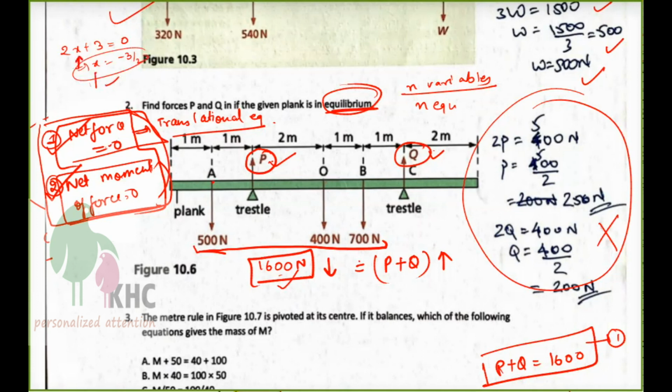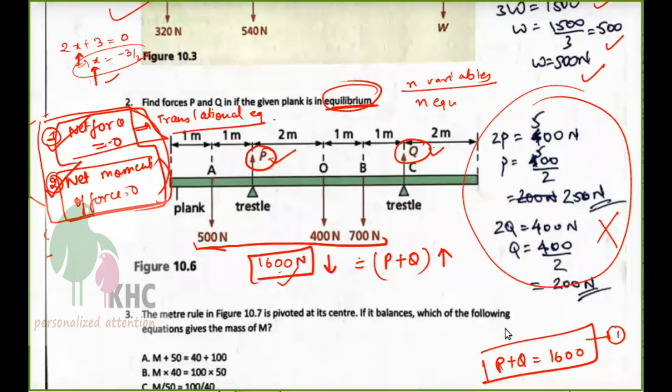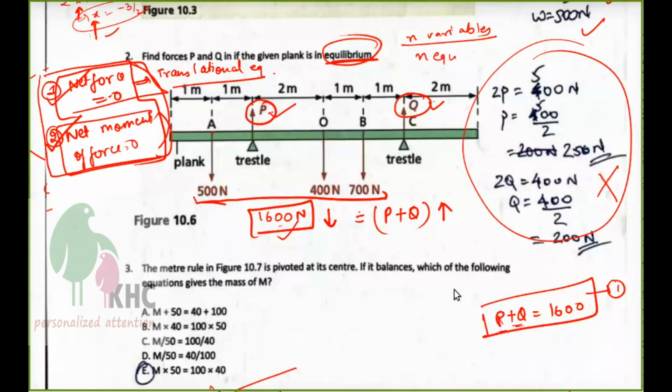In this case, because you have two variables, you need at least two equations to find the exact values of P and Q. Is this clear?